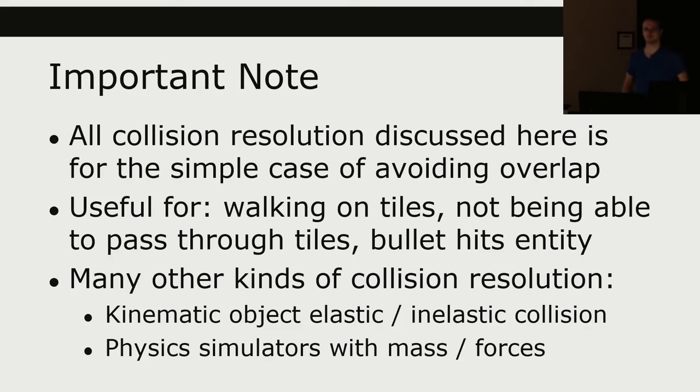So, for example, if two things are moving toward each other in an actual physics simulator, they're going to have mass and orientation. And so if this is a really heavy anvil falling, then it's not just going to stop. It's obviously going to push the other thing. But we're not getting into that detail. We could take the whole class to do physics simulations if we wanted to, but we're not going to do that.